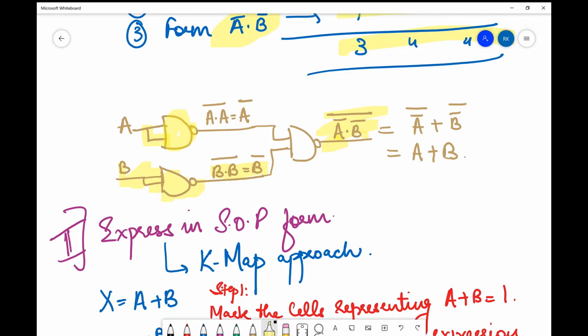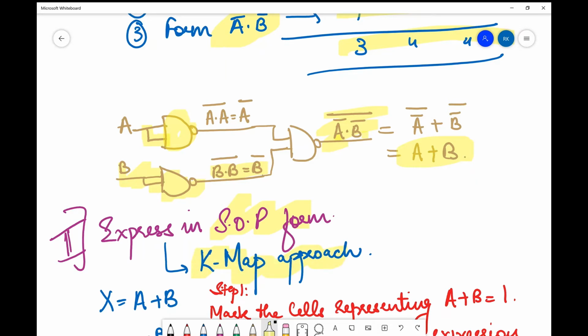We have formed the circuit using NAND gates, and we now know that we require three NAND gates to form this logical expression. Now there was the second part: how to express the same expression using sum of products form. My approach to do that is to use the K-map.